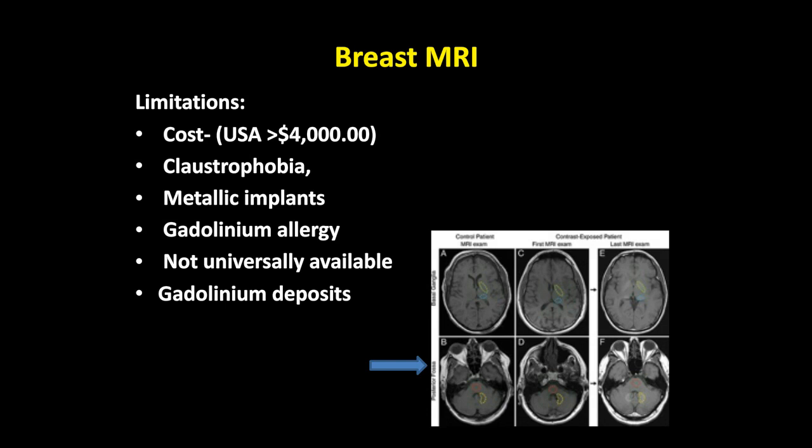The scanners are not universally available for large populations of screening mammograms because many centers only have 1 to 2 MRI scanners which need to be used for neuroimaging and MSK imaging. And more recently, there is some concern that there are gadolinium deposits in the brain in women who have multiple MRIs. Whether this is clinically significant is unknown, but this certainly makes patients anxious.